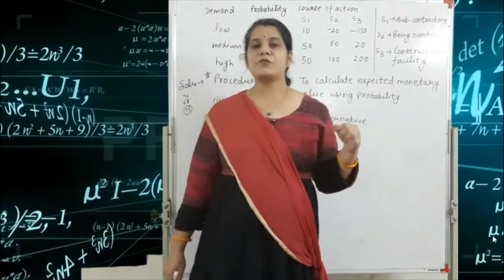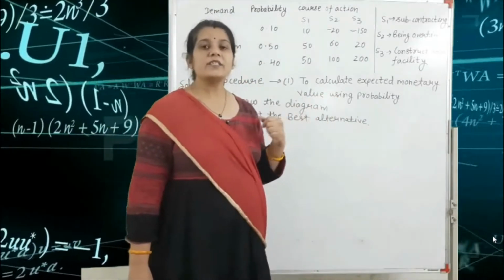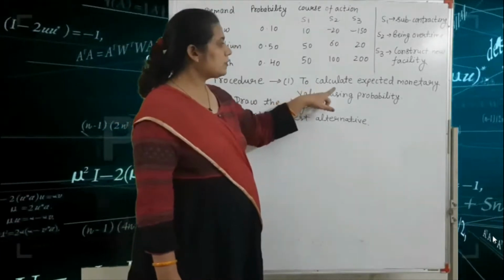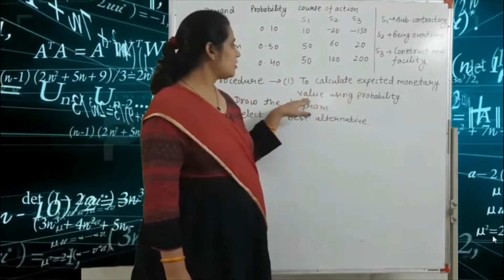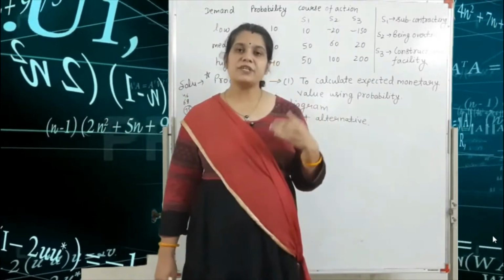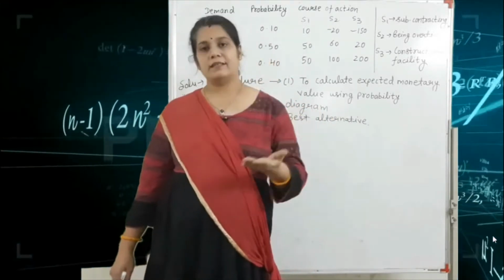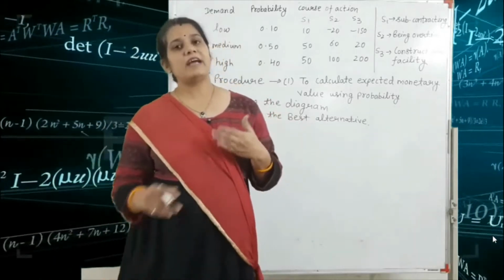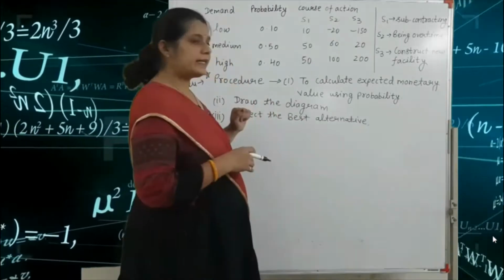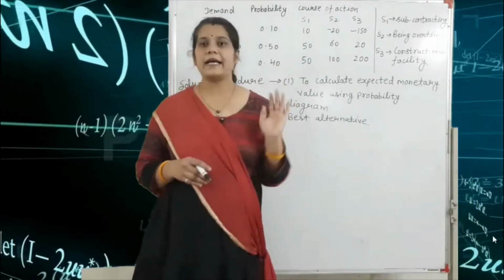First, we see the procedure for the decision tree. The first point is to calculate the expected monetary value, the EMV, using the probabilities. The second point is to draw the diagram.